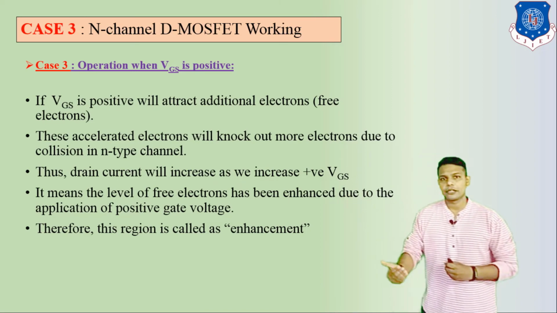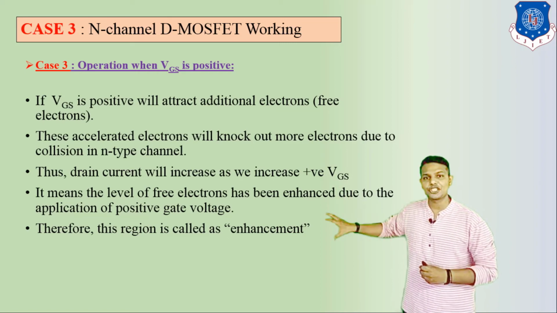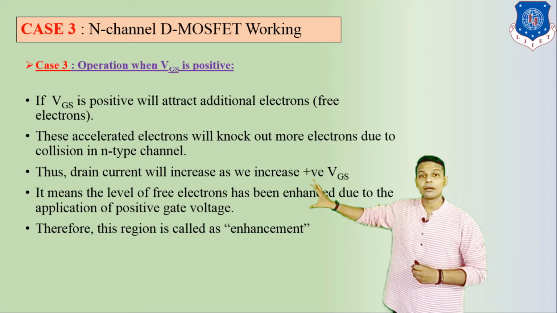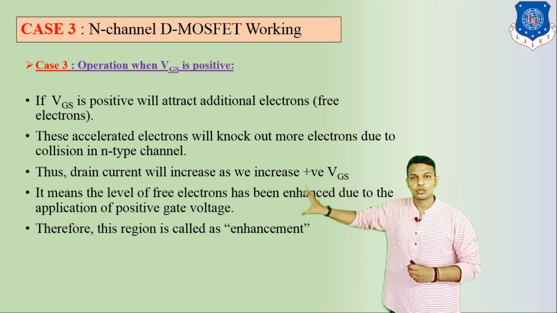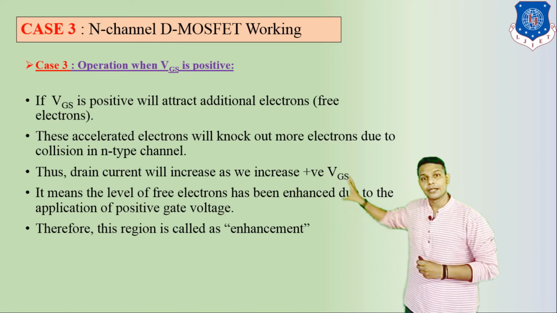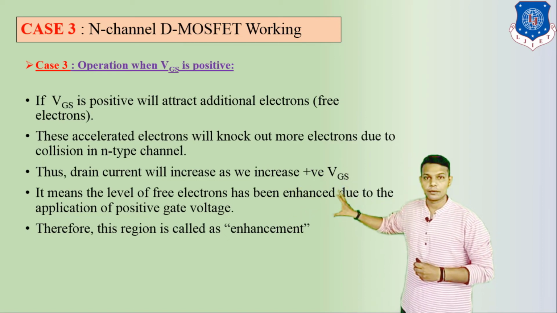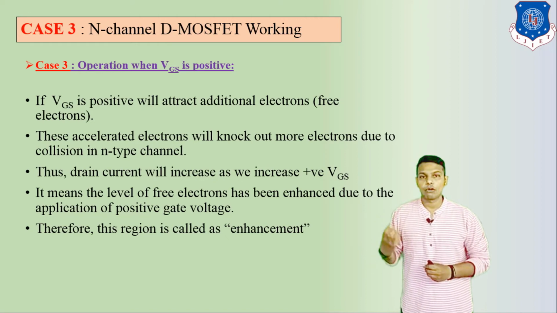For example, if there are 50 electrons in the N channel and 50 more electrons in the P-type region, the P-type region electrons join these electrons due to more and more positive voltage.